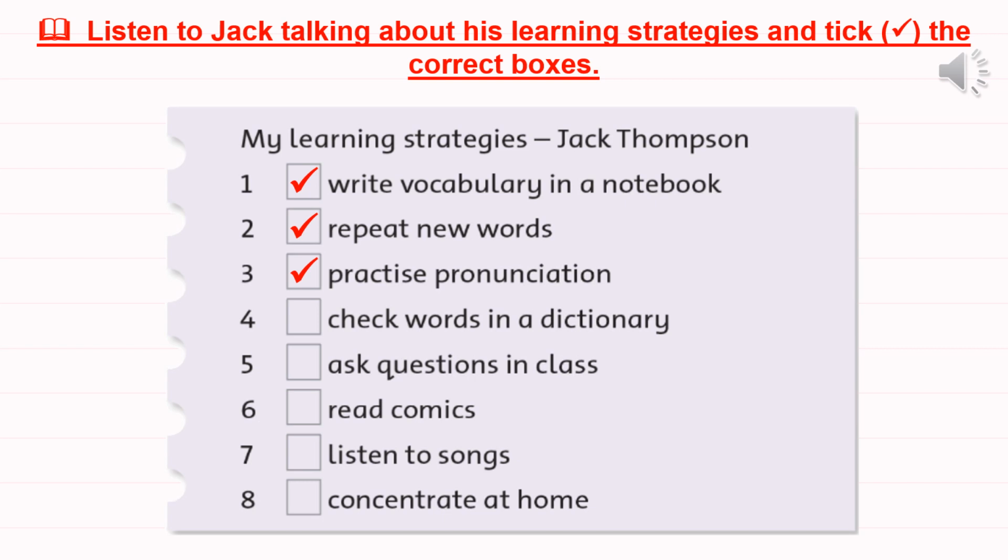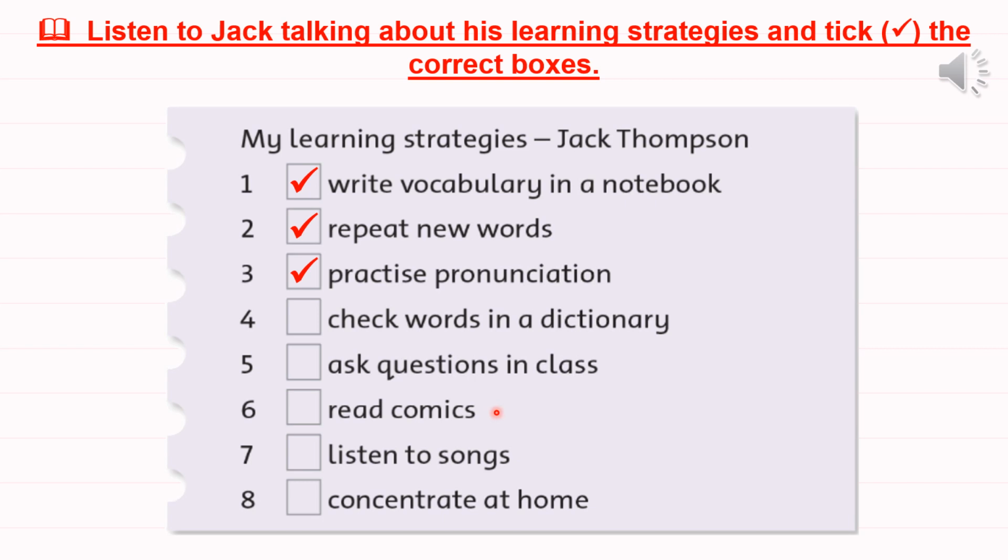I haven't got a dictionary, but I often check new words on the internet at home. What about questions in class? I don't normally ask questions in class, but my friend Ben asks questions all the time, so I don't need to. And what about at home?